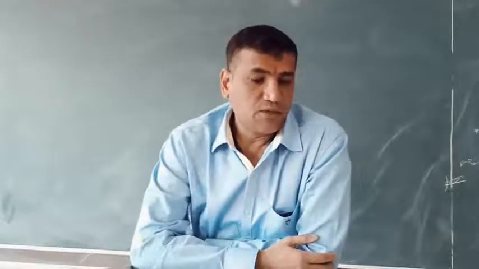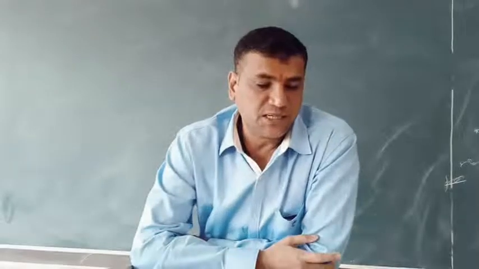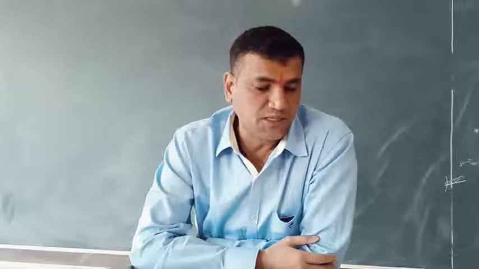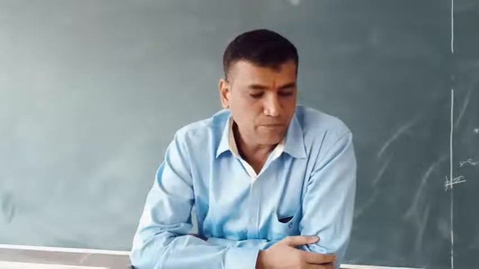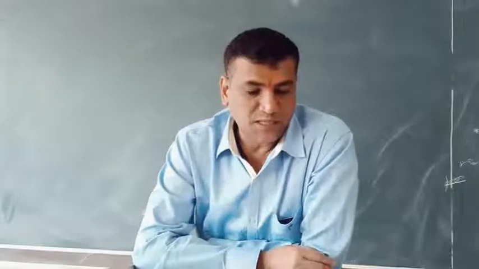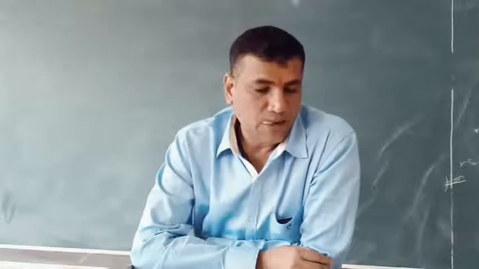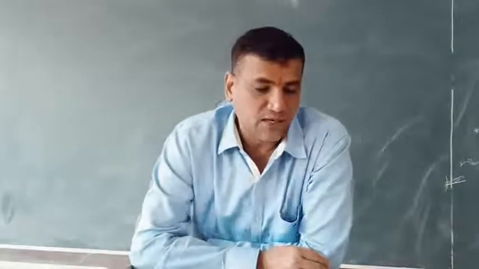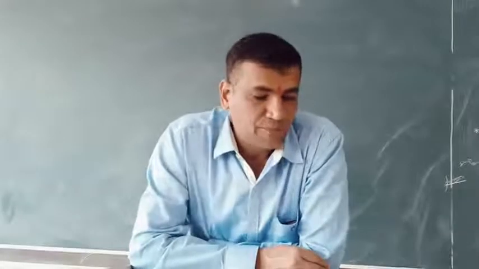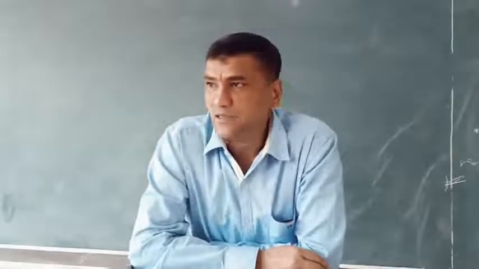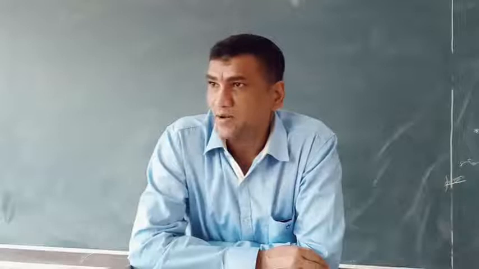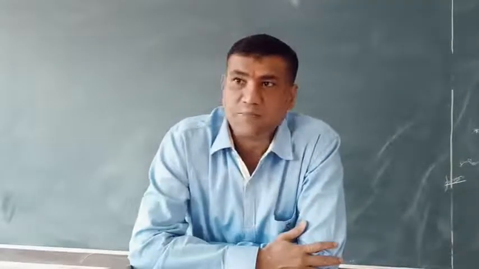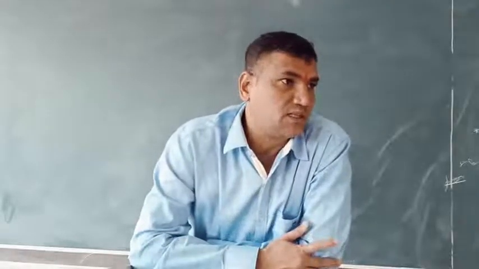Next, what will be the first 3 children if the parents are heterozygous albino? Here they are asking about the first 3 children if the parents are heterozygous albino. Just try to check the option with albino condition. Albinism means skin color. Skin color is based on pleiotropic genes, first thing.